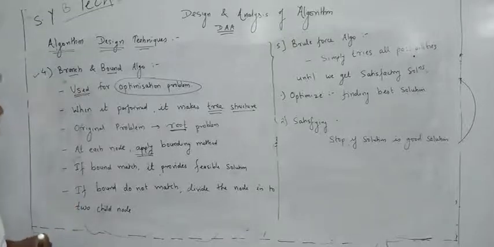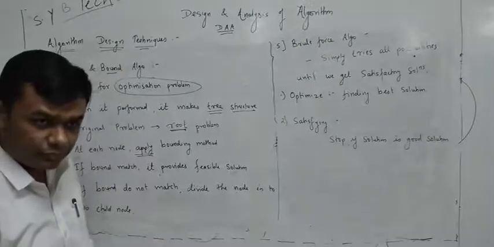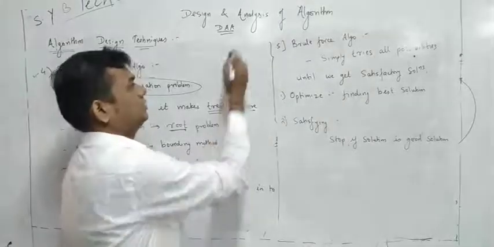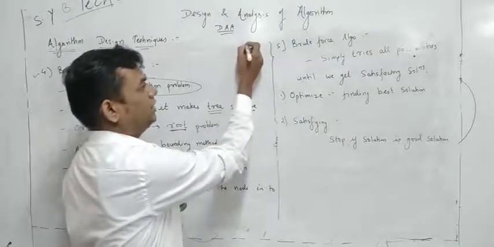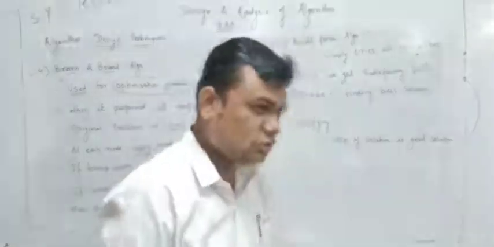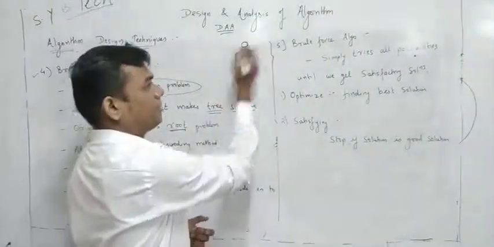Next, what do we perform in branch and bound? Students, branch and bound makes a tree structure. How does it make a tree structure? First of all, we take the problem.